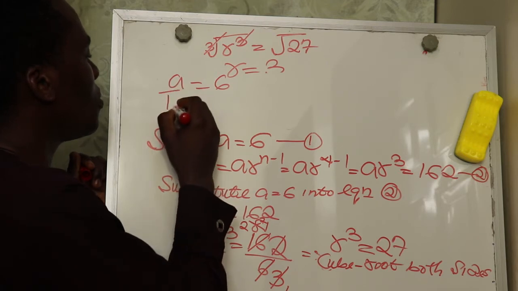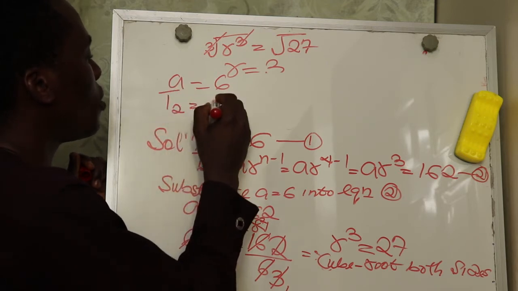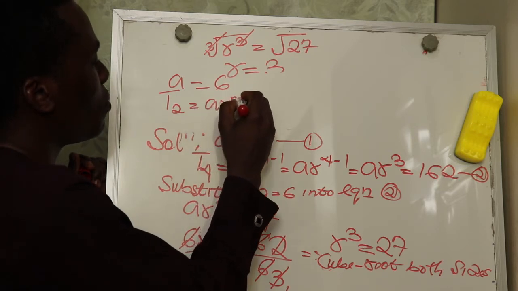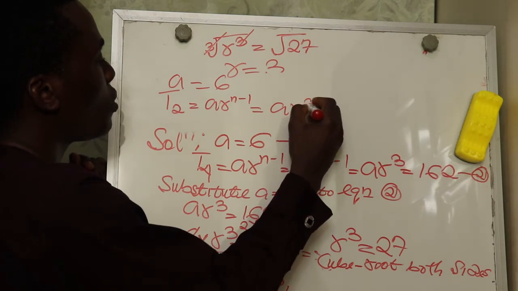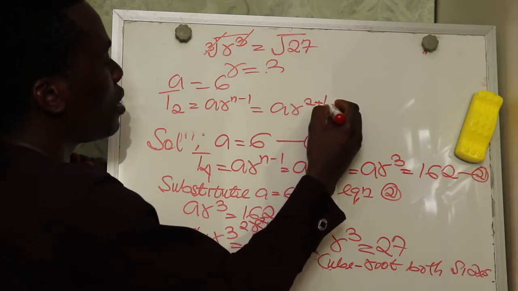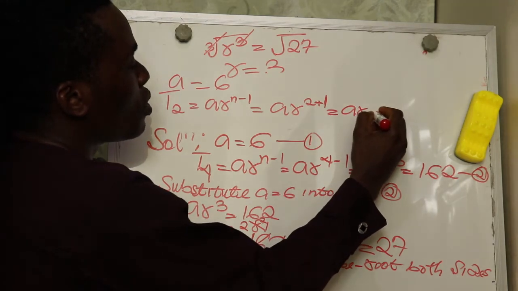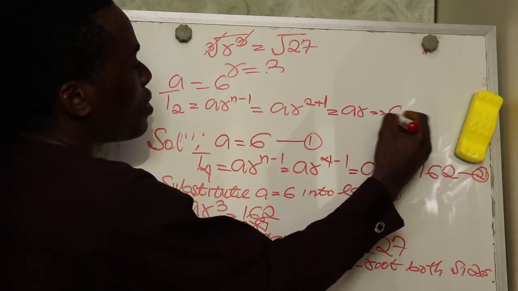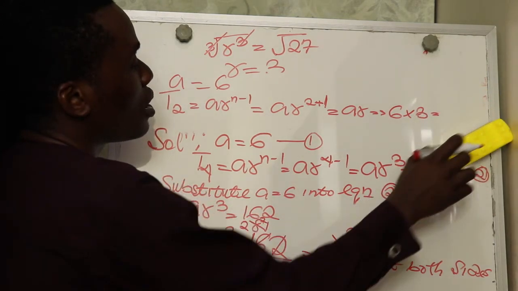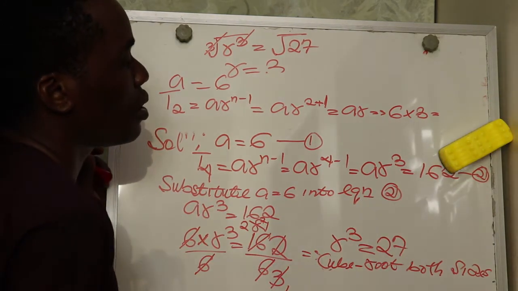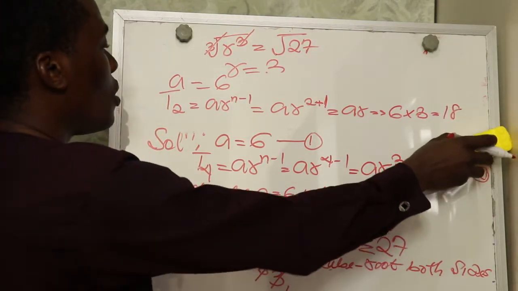Now the second term, which is T2, will be equal to ar^(n-1), which is equal to ar^(2-1). That will be equal to ar. So if you simplify this, you're going to have 6 times 3, which will give us 18.